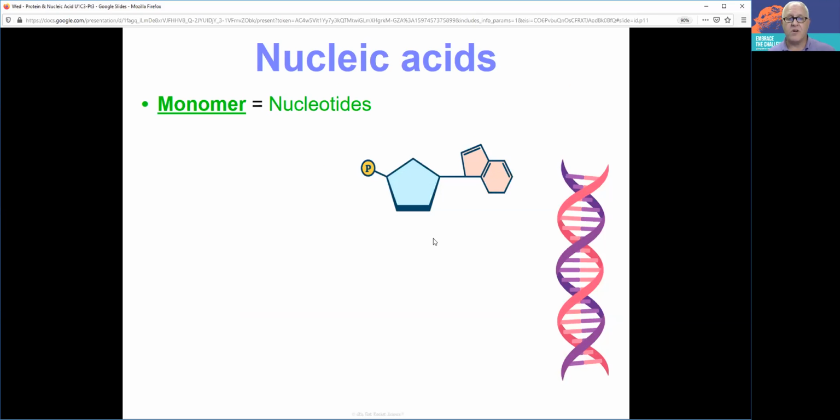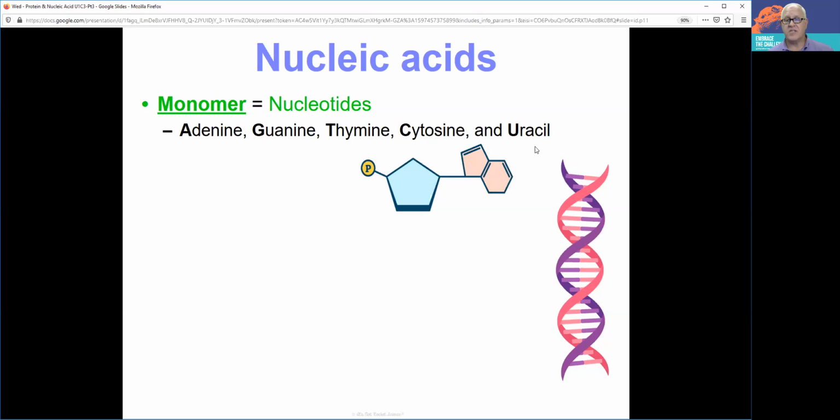Now, the monomer of the nucleic acid is the nucleotide. The nucleotide contains these chemical compounds: adenine, guanine, thymine, cytosine, and uracil.